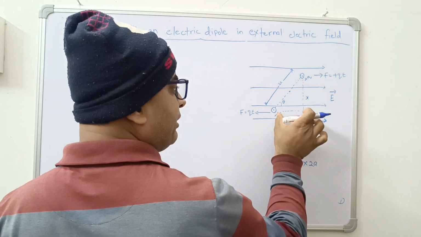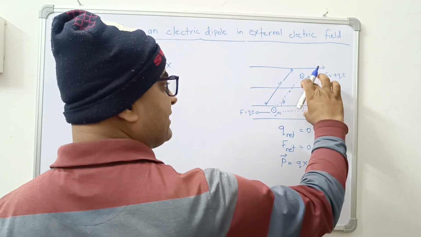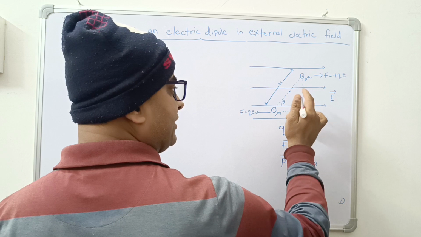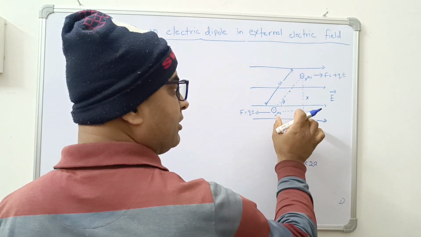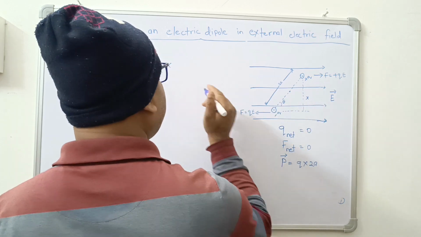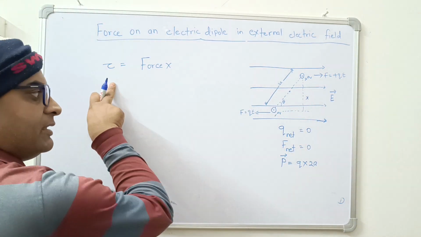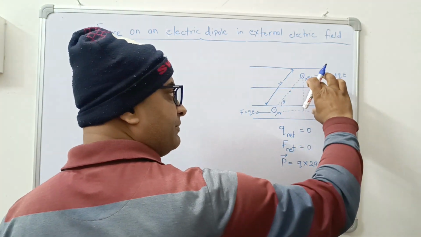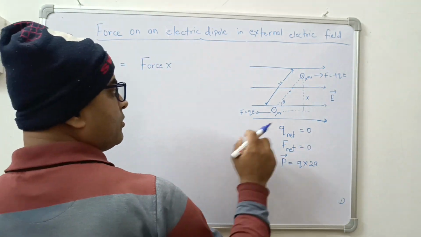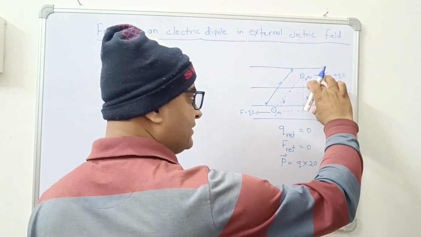This will be the cos component, this will be the sine component, and this will be the hypotenuse. We have to find out x, because we have to find the perpendicular distance. What is the definition of torque? Force multiplied by the perpendicular distance between the two charges. So the perpendicular distance between the two charges is x.